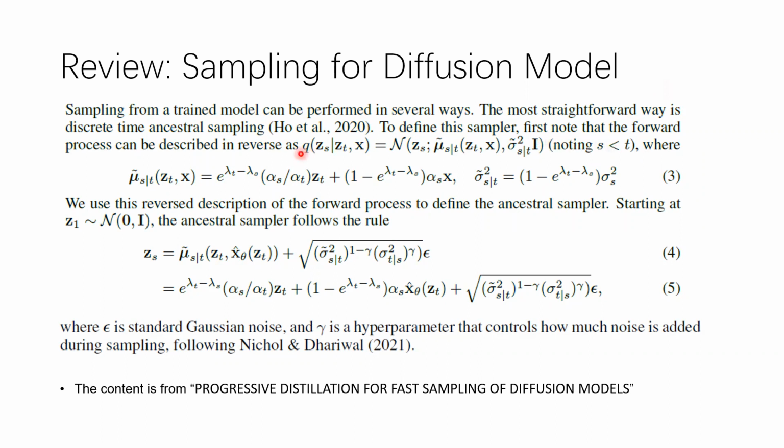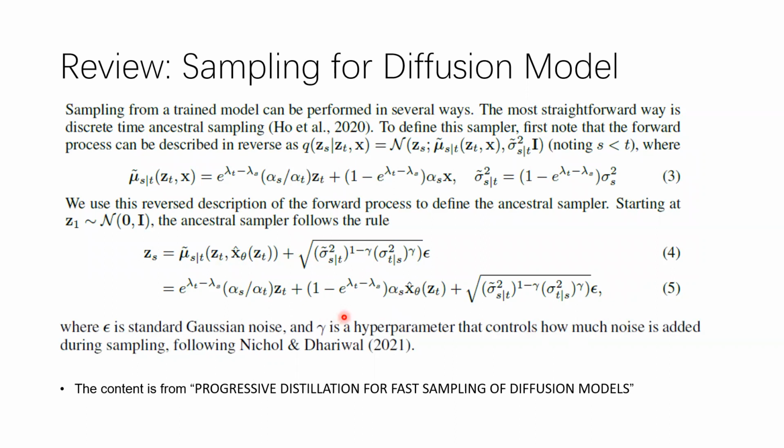First note that the forward process can be described in reverse like this. Given t, where t is larger than s, then z_s follows this normal distribution. We just need to predict this mu, and then we can sample from this distribution to get a clearer version of the image. The process can be written in this way.